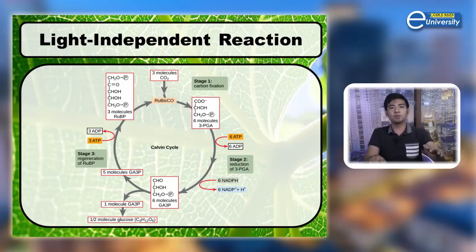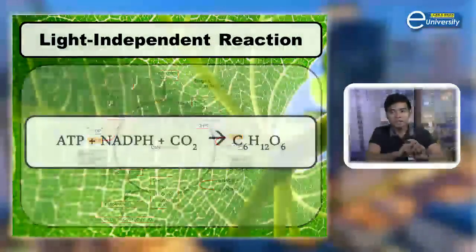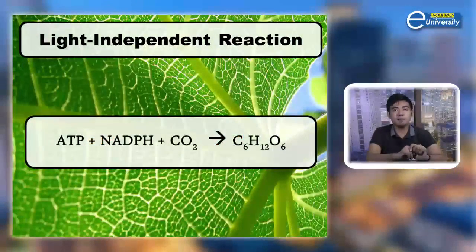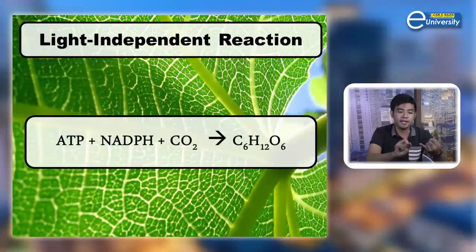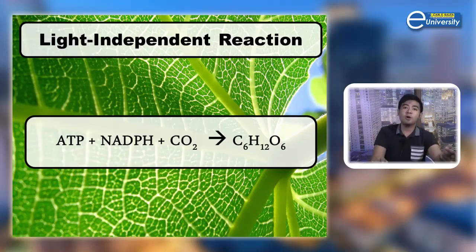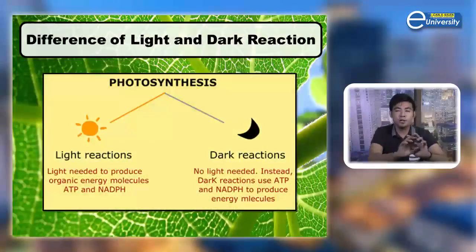The formula for glucose is C6H12O6. To summarize the formula for the light-independent reaction, we have the ATP molecule plus the NADPH carrier plus the carbon dioxide yield C6H12O6, or glucose. For us to differentiate the light and the dark reaction, the light reaction is the light dependent and the dark reaction is the light independent reaction.